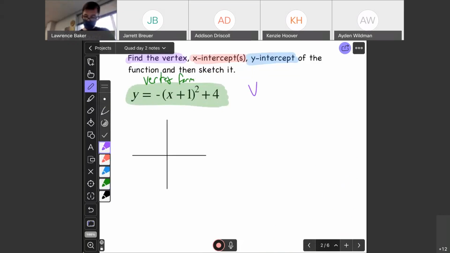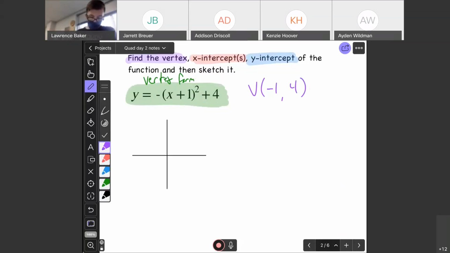What is the vertex, Aiden? It's negative 1, 4. And what did Aiden remember to do? He remembered that H was a liar. Yeah, I remember H was a liar, right? So pulling that value out of there, we know where our vertex is, easy peasy, right? The most important point of the graph is defined.